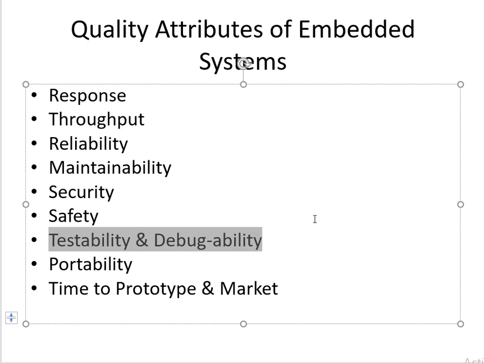And about debuggability. Debuggability is a means of debugging the product from unexpected behavior in the system. Debuggability is a two-level process, hardware level and software level.